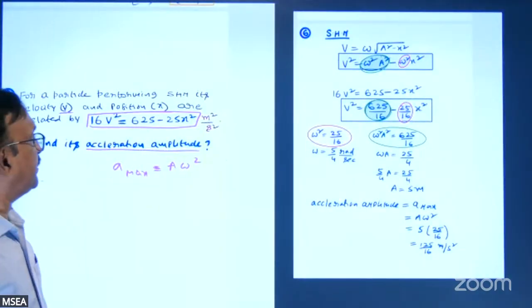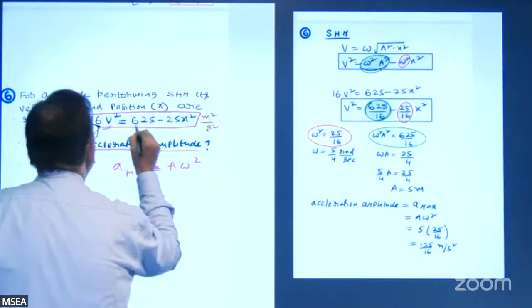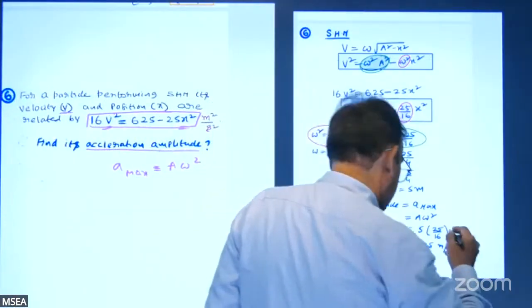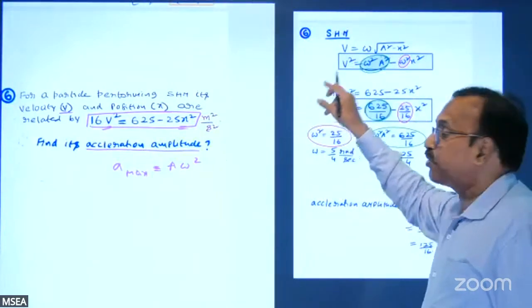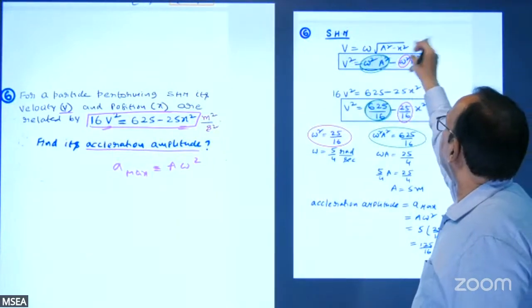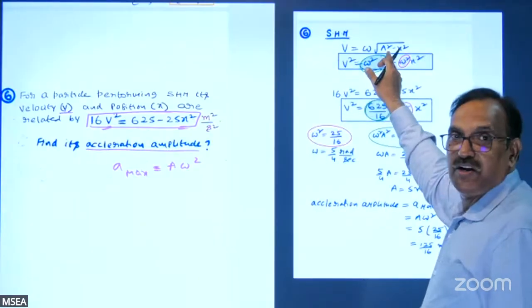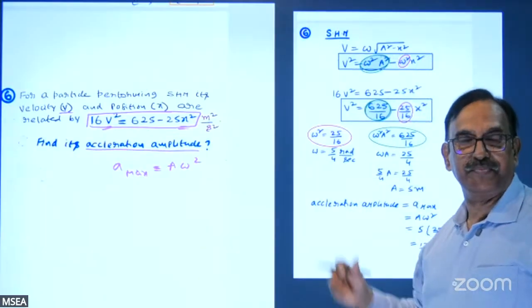First thing is, whenever v and x terms are being talked about, what is the basic relation between them? V is equal to omega into under root of A square minus x square. So v square comes out to be omega square into (A square minus x square). If you expand, v square is omega square A square minus omega square x square. That's the first step.